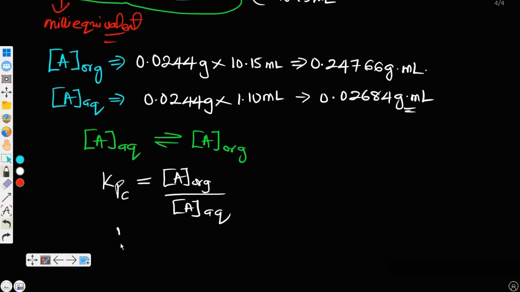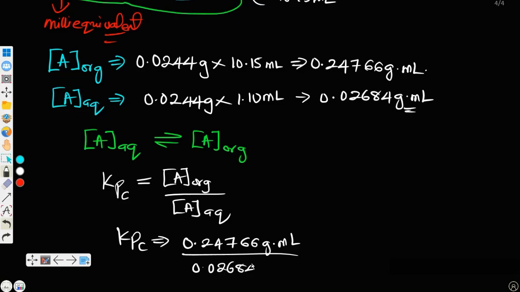This is now going to give us Kpc equals the amount in the organic phase, 0.24766 gram mole, divided by 0.02684 gram mole.